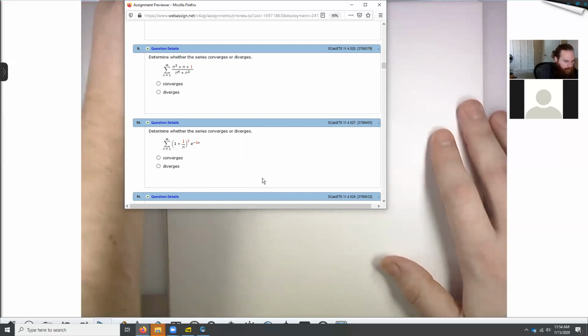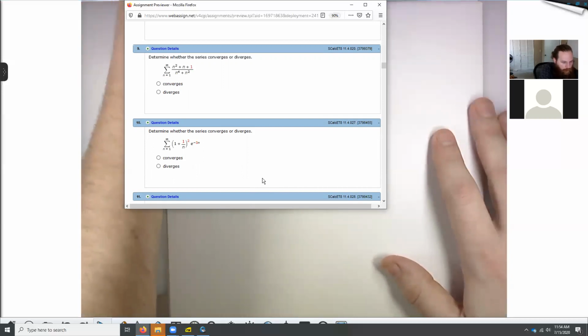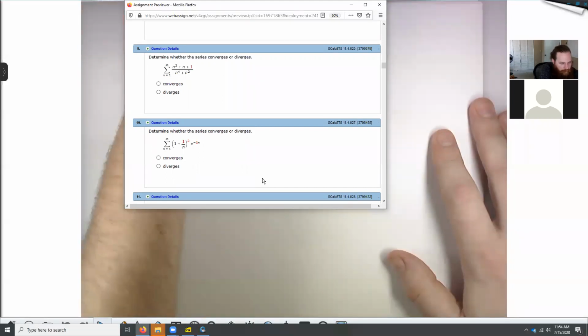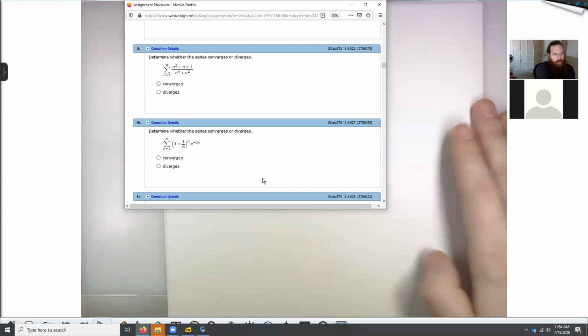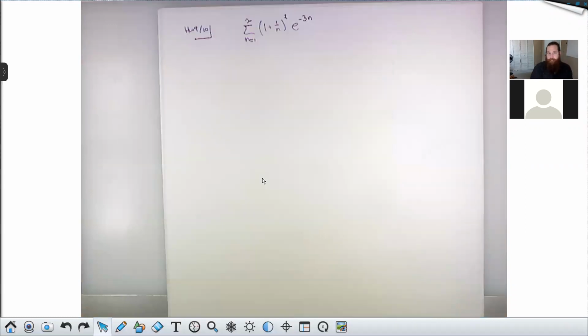Here we have sigma n from 1 to infinity, 1 plus 1 over n squared times e to the negative 3n. This one will fall to DCT. It passes TFD.